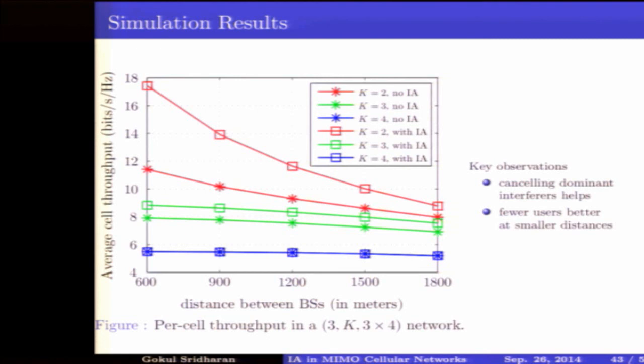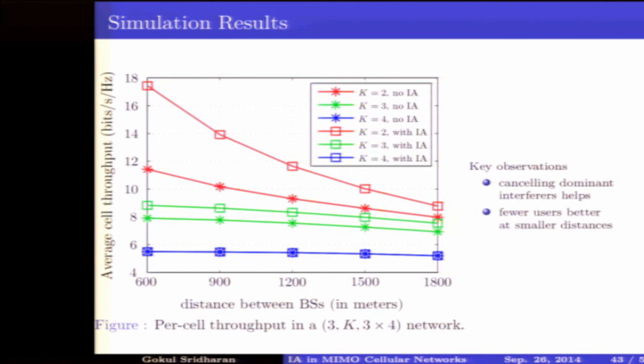The square markers indicate interference alignment being used. And what we really see is that as the base station to base station distance shrinks, so as the network gets denser and denser, the number of users one should really schedule is equal to, in this case, 2, which is also the optimal degrees of freedom for the network. So this is the DOF optimal way of scheduling users.